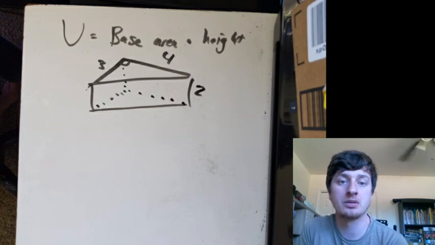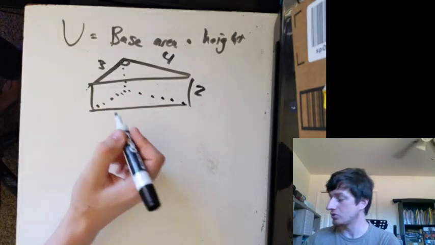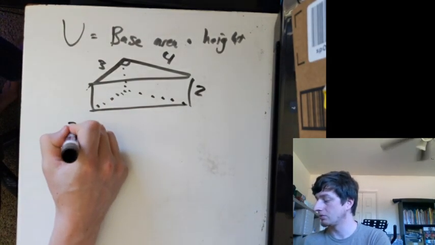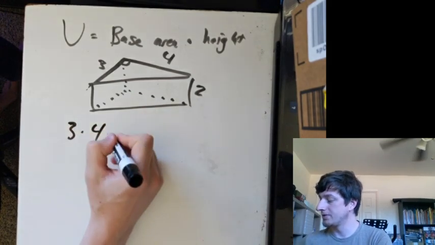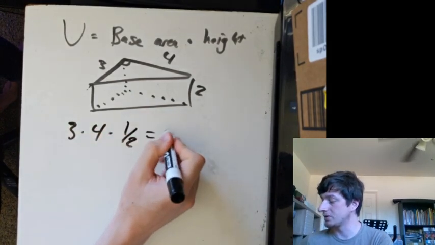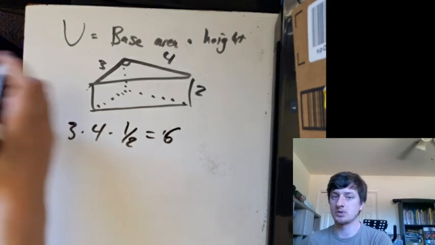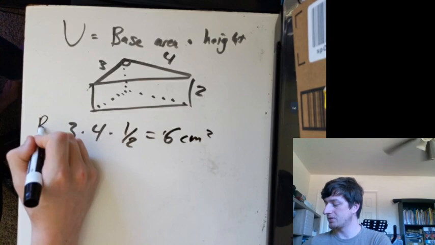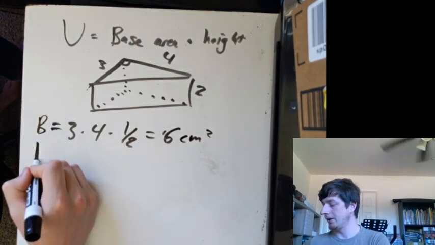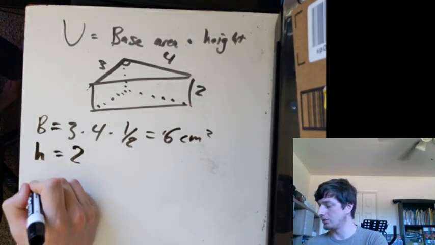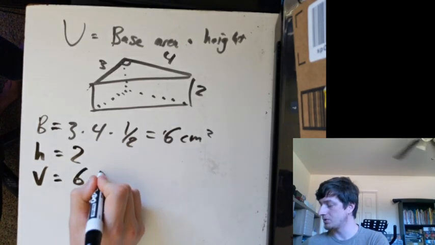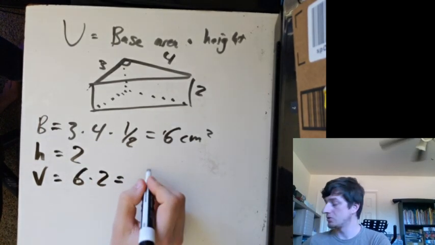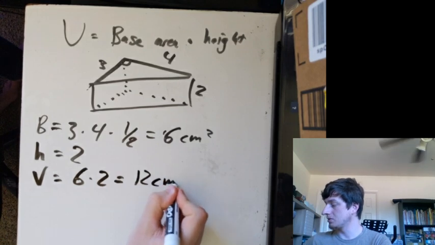Okay, so we calculate the area of the base. The area of the base is a triangle, so it's going to be 3 times 4 times a half, which is 6 centimeters squared. And then this is the base, and the height is just 2. So our volume is going to be 6 times 2, which is 12 centimeters cubed.